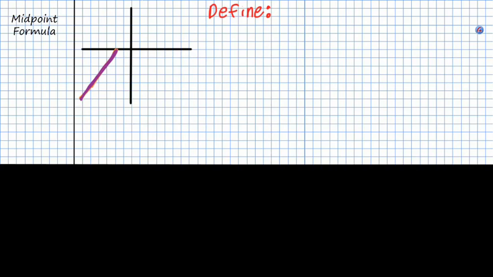So the midpoint is defined as the average distance, or halfway, between 2 points.